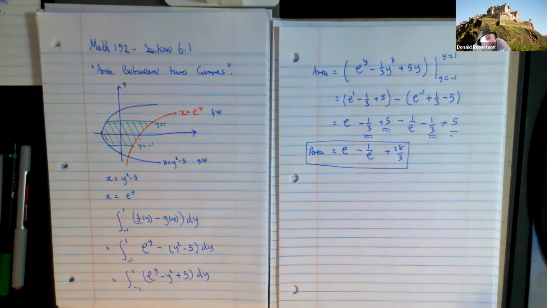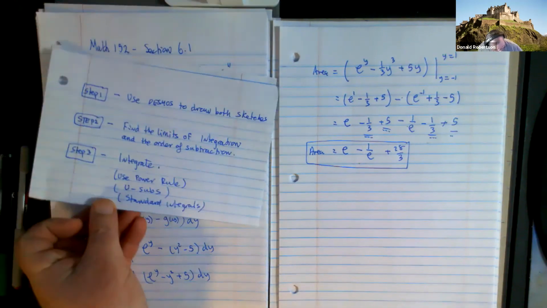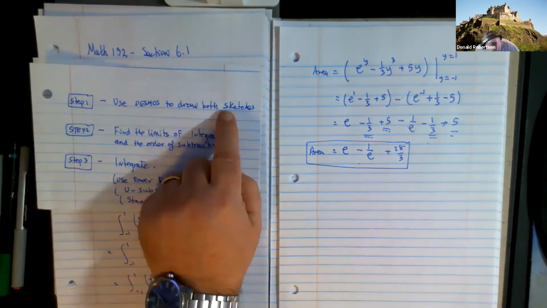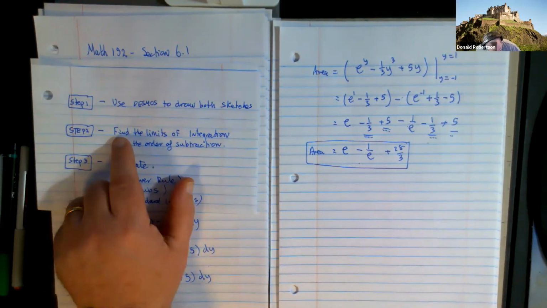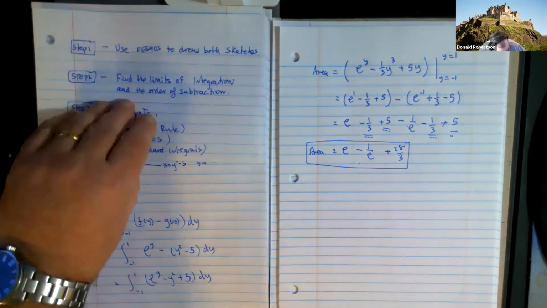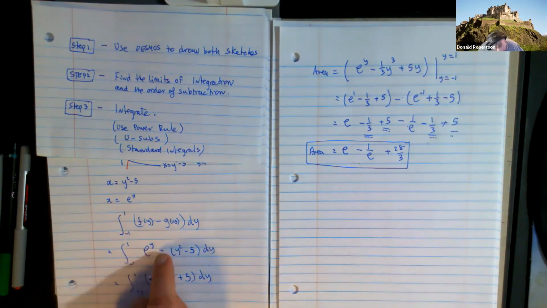So if you think about what we did yesterday, isn't it very, very similar, right? You need a start and finish value, right? So essentially use Desmos to draw it if you need to. That step doesn't always need to happen. Find the limits of integration, -1 to 1, and the order of subtraction, this guy, take away that guy.